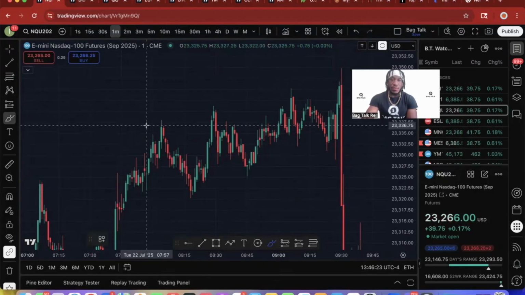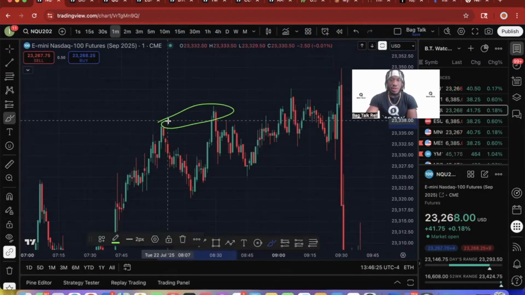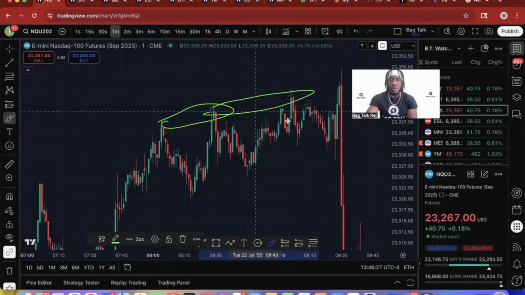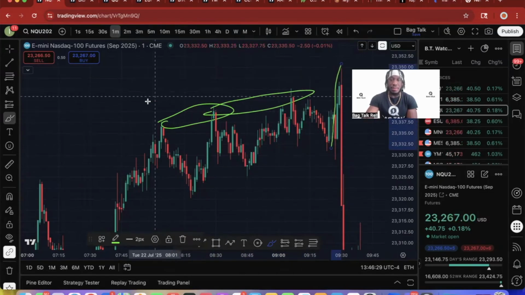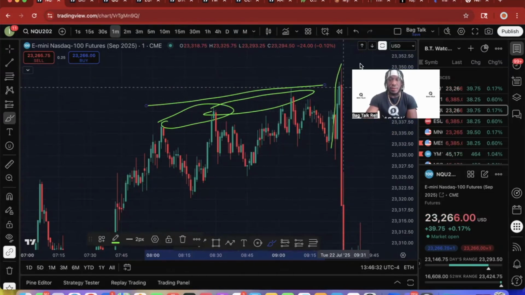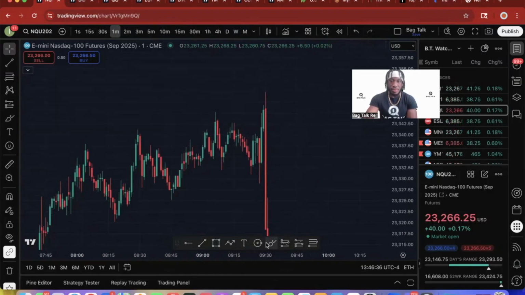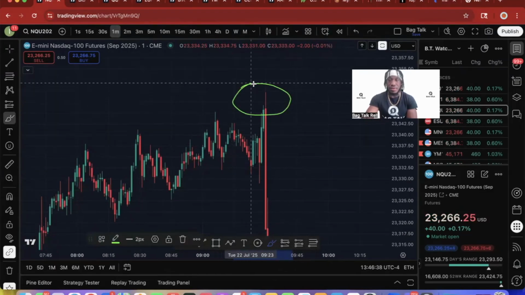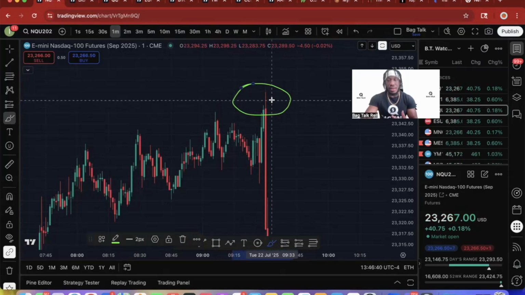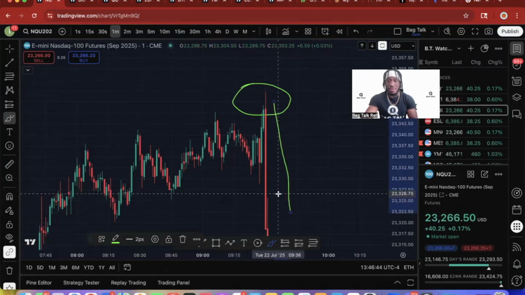So even right here, you can see there's relatively equal highs right here, relatively equal highs right here. You see that price makes a move up to stop out everybody who has stop losses right there. Once they stop those people out, that's like putting gas in their car. They're taking the money that they got from the stop losses and they're applying it to the move that they're making to the downside.